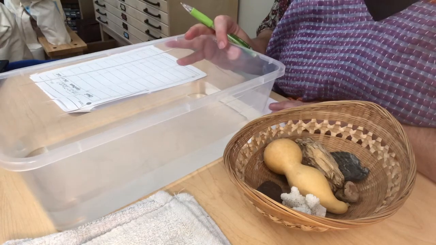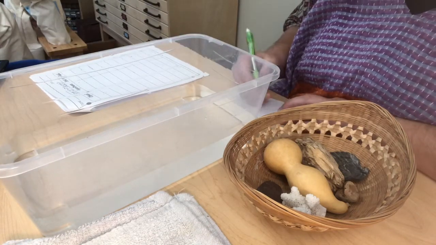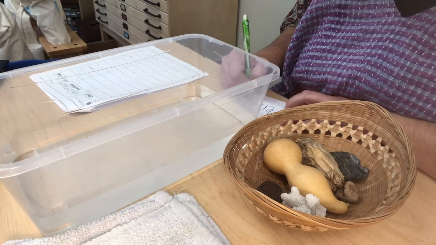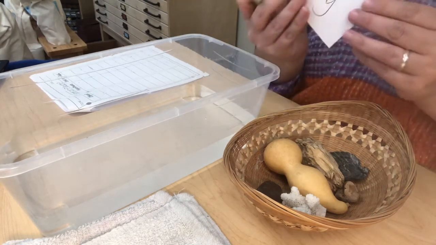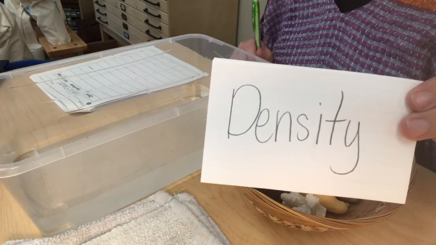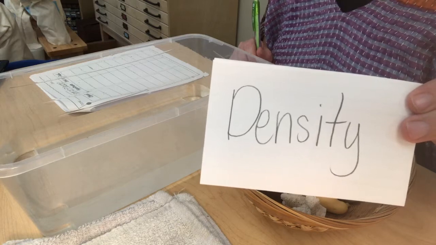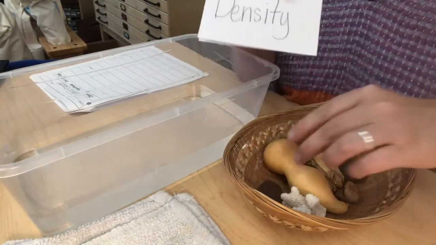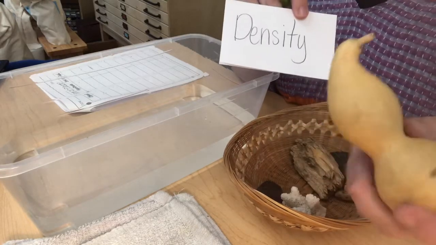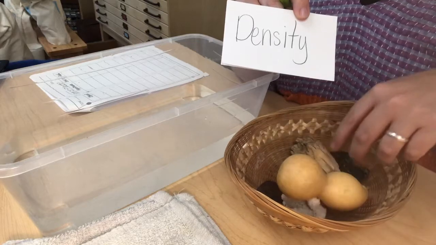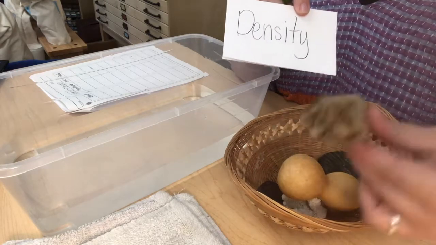So, whether an item sinks or floats has to do with its density. The density is a word we use to describe how much space an object takes up, its volume, in relationship to the amount of matter in an object, which is its mass.